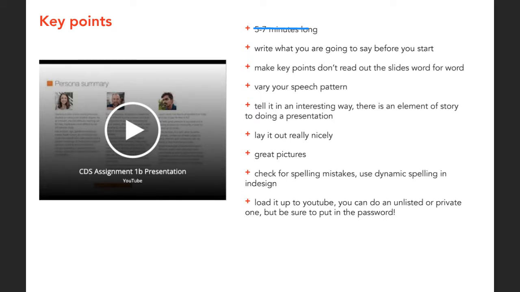If there's one or two, that's okay, but heaps and heaps of them really change the professionalism of what you're producing. Then you want to upload it to YouTube, or you can use Vimeo if you like, and have it as an unlisted one. Or if you are doing a private one, make sure you put the password into the submission point as well.